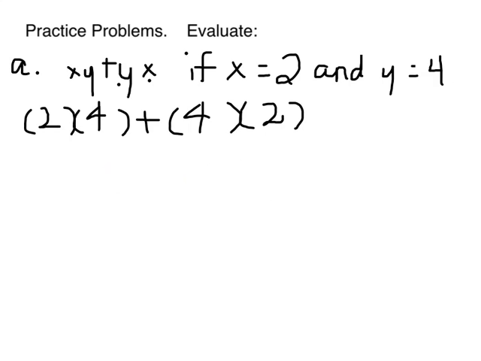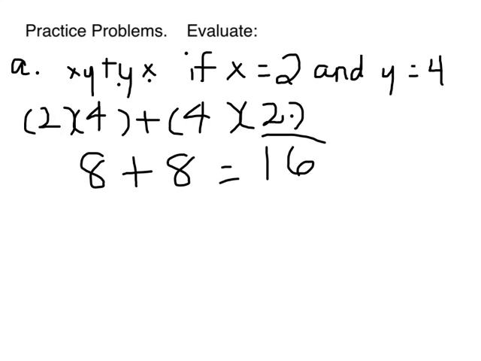So I've got 2 times 4 is 8, plus 4 times 2 is 8. My answer then is 16. And this is the way I want to see your work. When I say show your work, this is what I'm going to be looking for. All of this. Okay, go to your next and last practice problem.